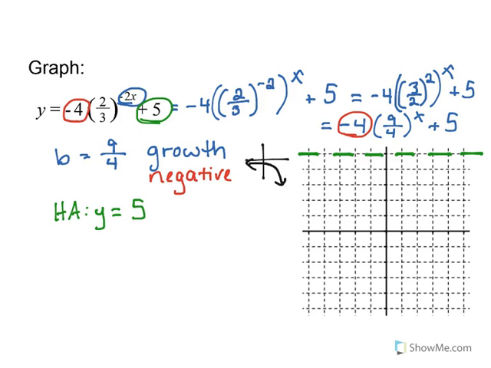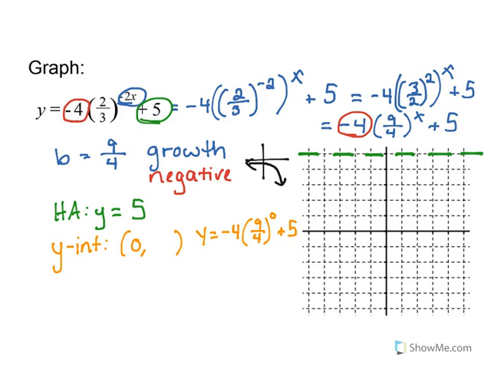All right, let's talk about the y-intercept. What do we get when we plug in x equals 0? Again, we can go from the original function or the rewritten function. This time I'm going to work from the rewritten function. So I'm going to get y equals negative 4 times 9/4 to the 0 power plus 5.